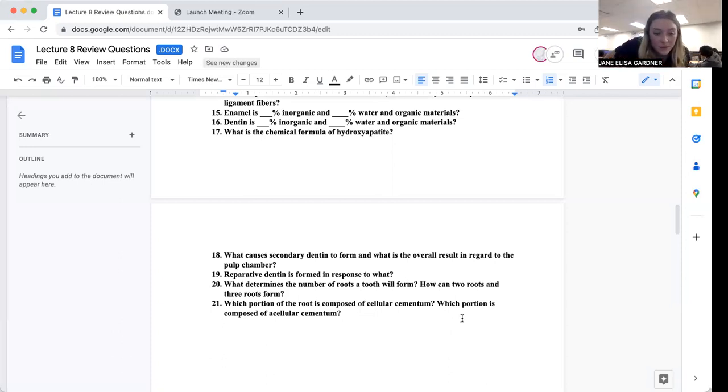What determines the number of roots a tooth will form? And how can 2 roots form or 3 roots form? This kind of confused me at first when I started learning it, but just imagine the horizontal sides are growing faster than the vertical sides.